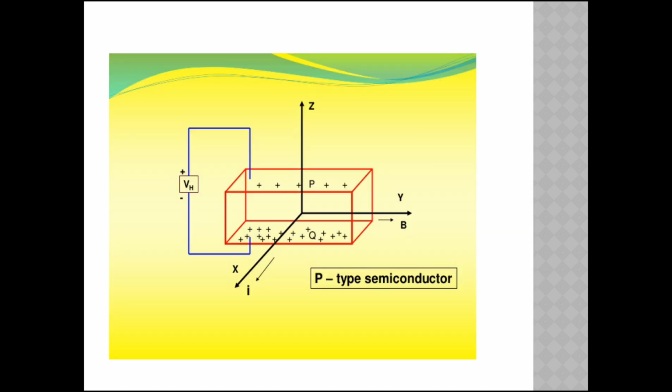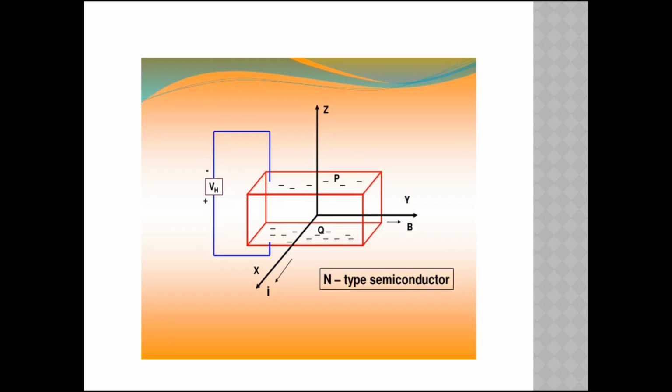This one is the diagram for the p-type semiconductor. We can see the x direction, y direction and z direction. This is the diagram for the n-type semiconductor. We can see the current is flowing in the direction of the x-axis, the magnetic field in the direction of the y-axis, and there is the z-axis.